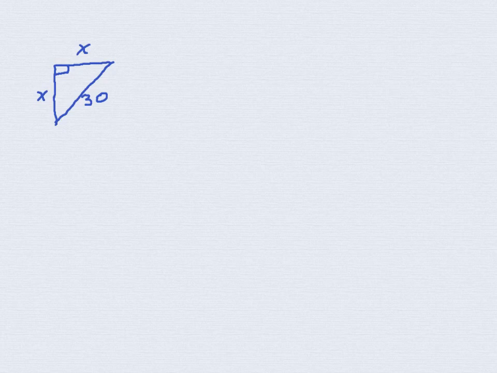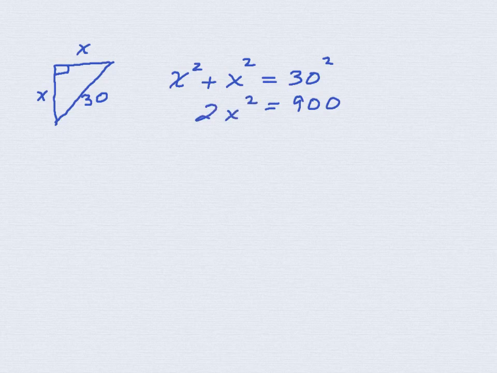So you start with the basic principle of Pythagoras, which is the short side squared plus the other short side squared, the leg squared plus the leg squared equals the hypotenuse squared. Now from there, you know you can do 30 squared and get 900. The key to the question is knowing from before, when you add an x squared and an x squared, you're going to get 2x squared.